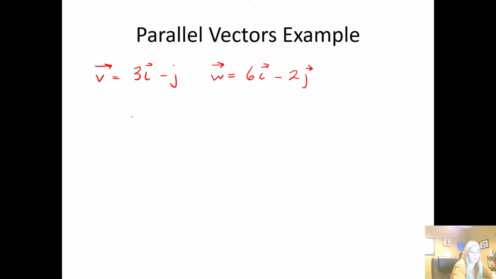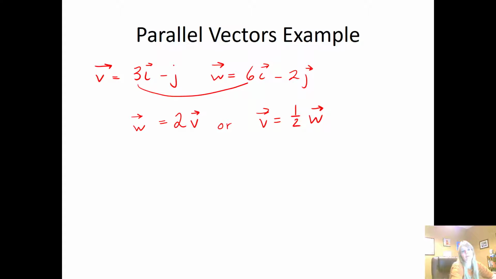Well, they are, because if you notice, vector w is 2 times vector v, or you could even say vector v is 1/2 of vector w.